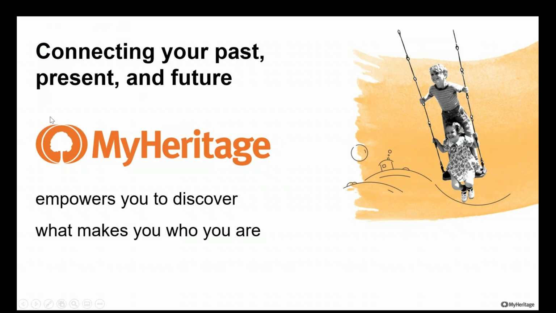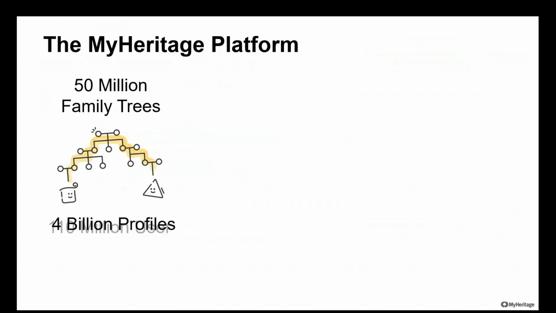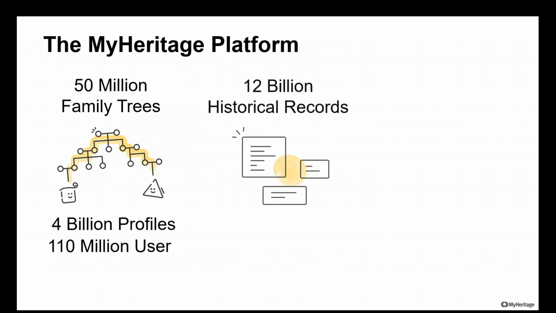Those things and those technologies include 50 million family trees that are already in our database. Those are 4 billion profiles and are managed by 110 million users from all over the world. And all those are very important details in the upcoming information that I'm going to share with you.